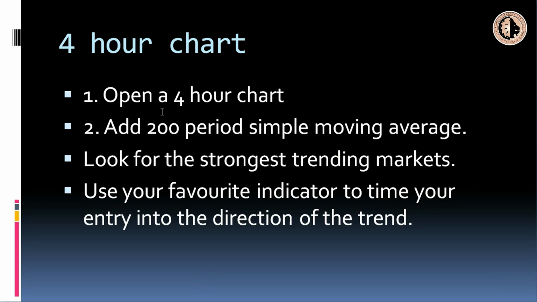If you open your 4 hour chart, like we did before, you add a 200 period simple moving average. You look for the strongest trending markets and use your favorite indicator to time your entry into the direction of that trend. Again, it's the same thing that we did with the daily charts that we're now doing with the 4-hour chart.